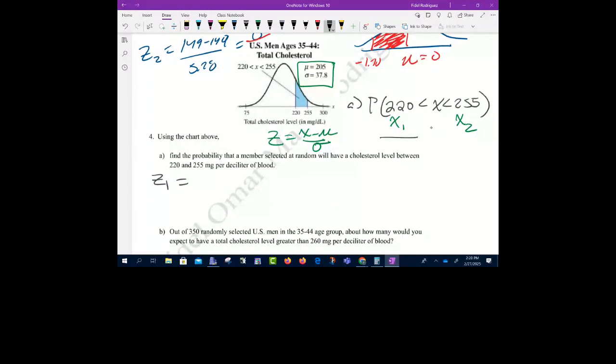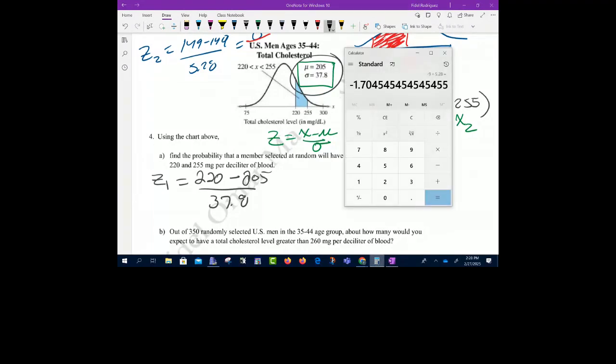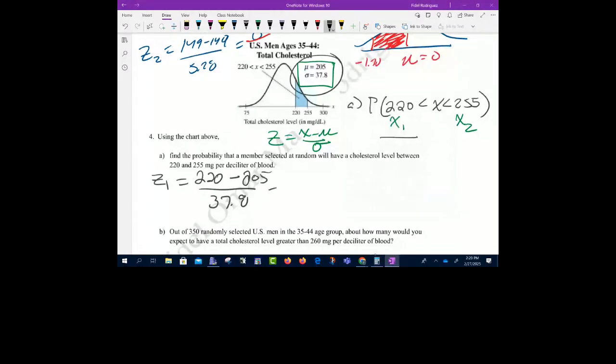We're going to take the first X score, 220, minus our average, which they told us up here was 205. And we're going to divide that by 37.8, okay? So let's go 220 minus 205. Let's divide that by 37.8. And y'all, if I go to 2 decimal places, would you guys say 0.39 or 0.40? 0.40, very good. 0.40, excellent, y'all.